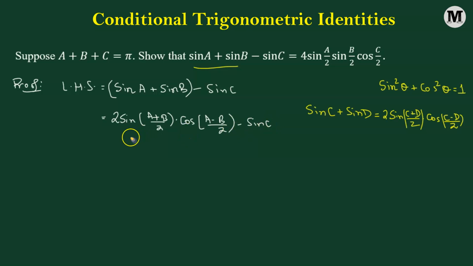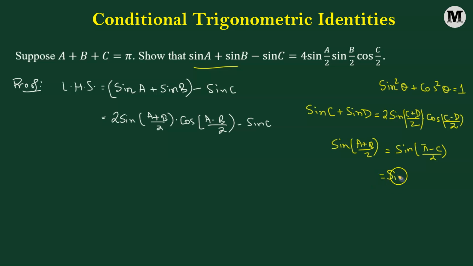Now we can work with sine of (a plus b) over 2 and simplify it. Let's understand how. We have sine of (a plus b) over 2, but we'll make use of the fact that a plus b plus c equals pi. So we can replace the numerator a plus b with pi minus c, giving pi minus c over 2.